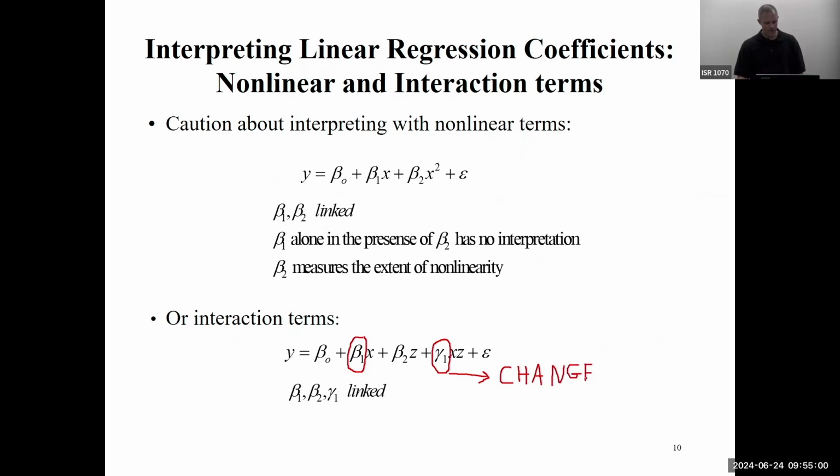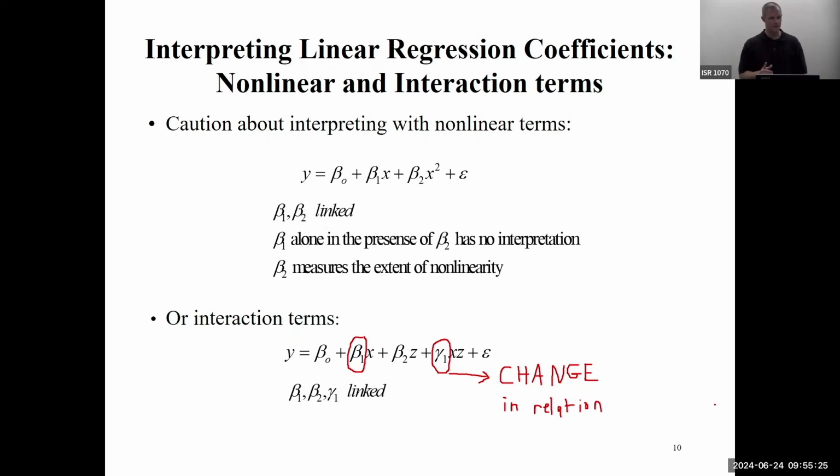So anytime that we're talking about a regression coefficient for an interaction term, we're talking about a change in the relationship. We're not talking about an overall relationship. We're talking about how some relationship of interest changes. Okay. So I'm going to keep driving that point home as we're looking at these different kinds of models.